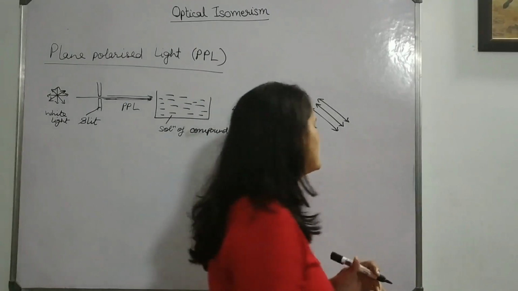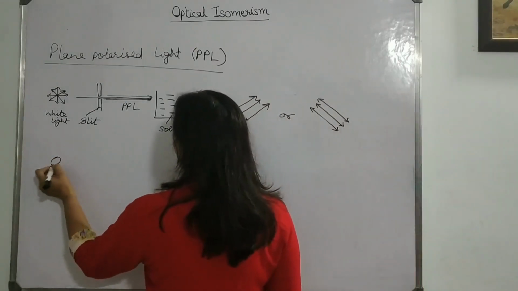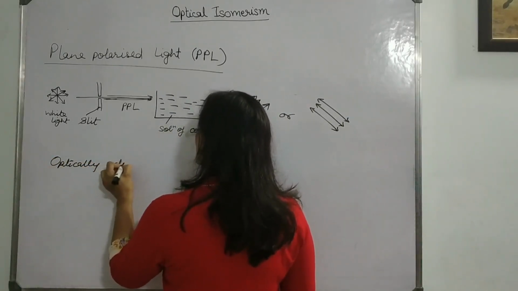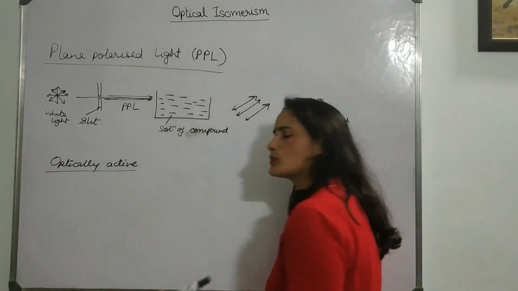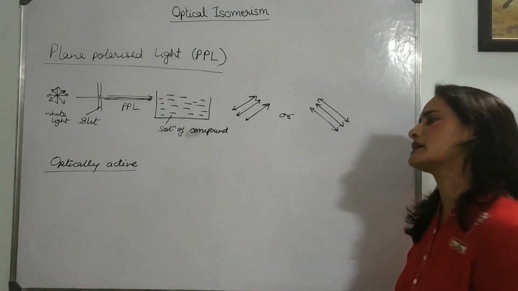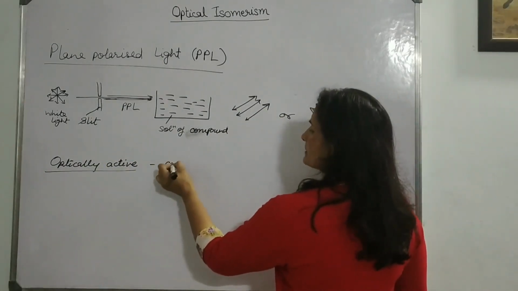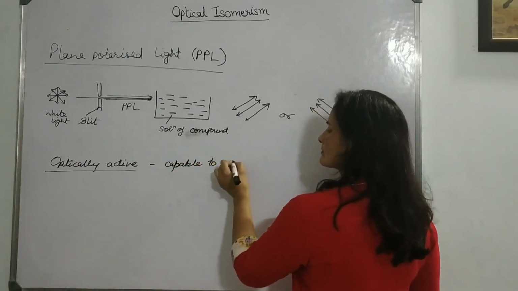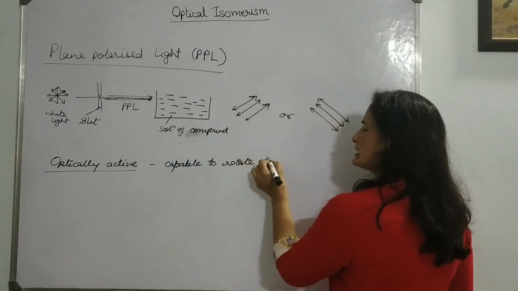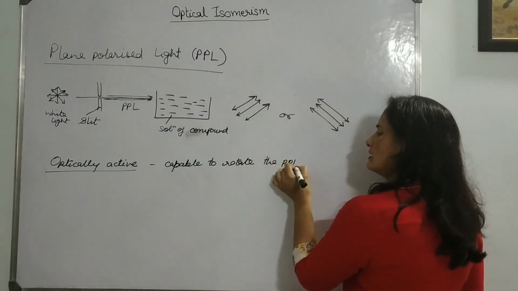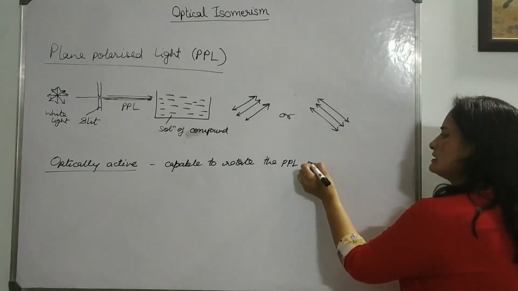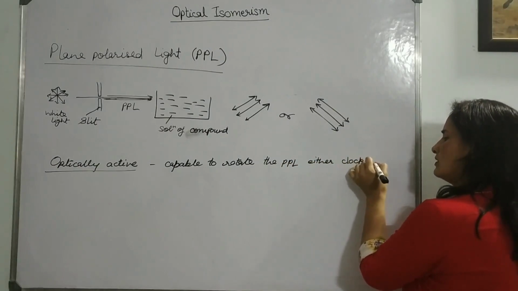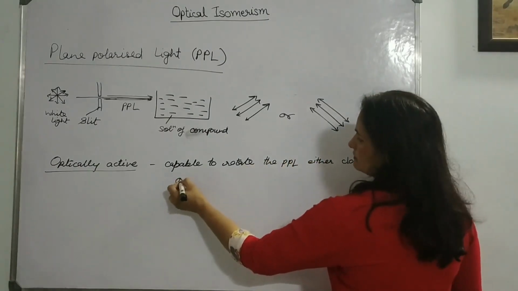So an optically active compound is a compound that is capable of rotating the PPL either clockwise or anti-clockwise.